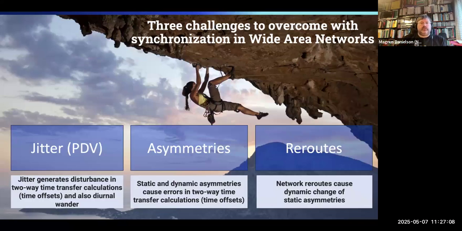Because if you go through, let's say, a switch that has P2P full timing support, that is, it's either a boundary clock or a transparent clock, you, one way or another, compensate for the delay of traffic going through that node.